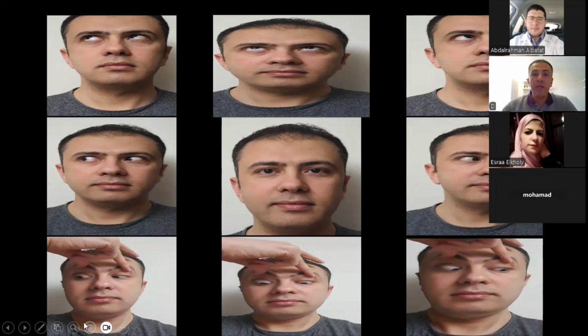If you are looking straight up, you have four working muscles: superior rectus and inferior oblique in one eye, and superior rectus and inferior oblique in the other. But what happens if you are looking up and right? You'll find only one elevator in each eye, because the abducted eye will be elevated by the superior rectus, and the other will be elevated by the inferior oblique, which elevates the eye in the adducted position.